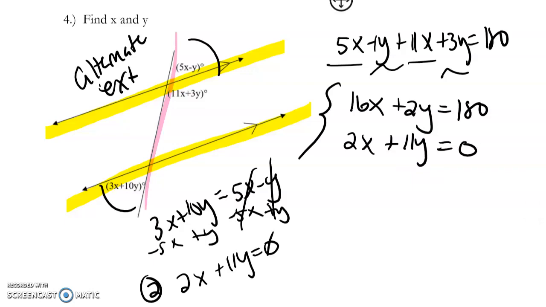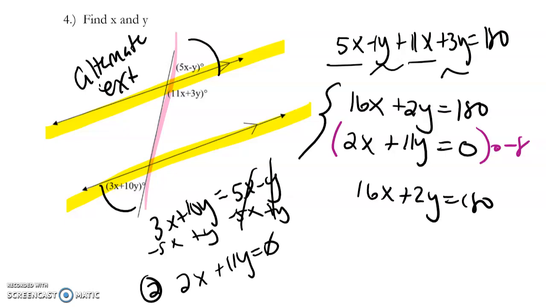However, I'm noticing 2 and 16 are both even numbers. And if I were to multiply the whole bottom equation times -8, I'm noticing that I don't have to do anything with my top equation. I'll rewrite my original top, and I'm going to be adding it to the bottom equation, but everything times -8.